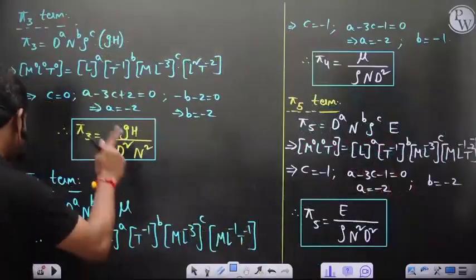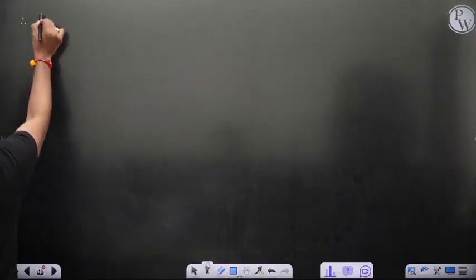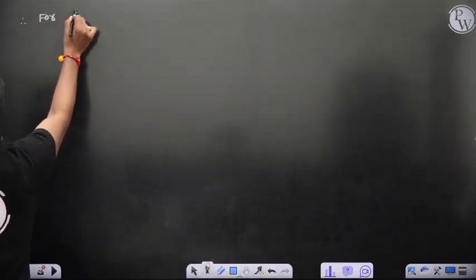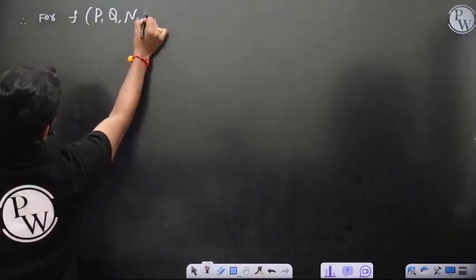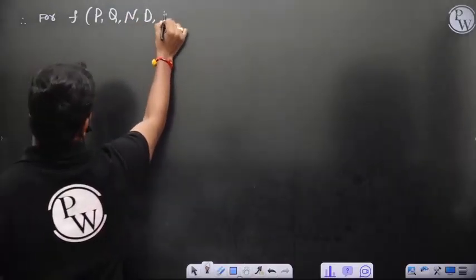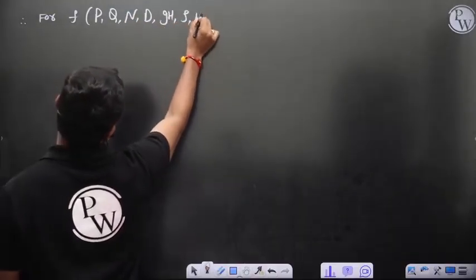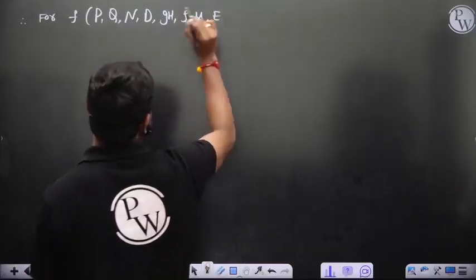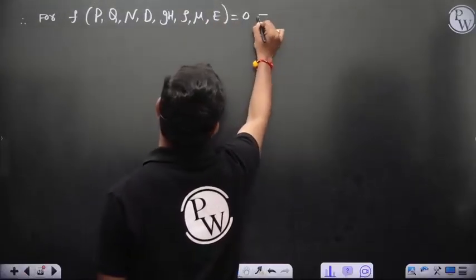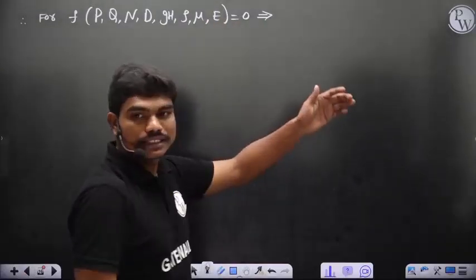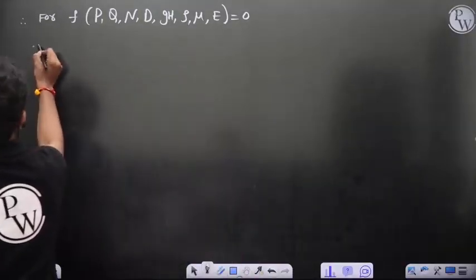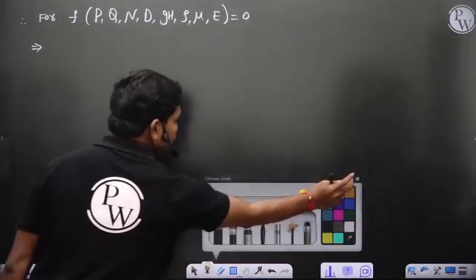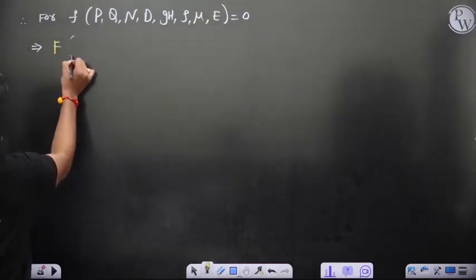So therefore this function, which is implicit like this, for f of p, q, n, d, gh, rho, mu, e, these are the parameters, correct, is equal to 0. This implies, with dimensional analysis with reduction of variables, some function of the terms pi 1, what is pi 1?